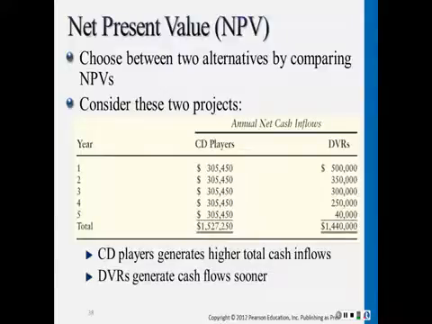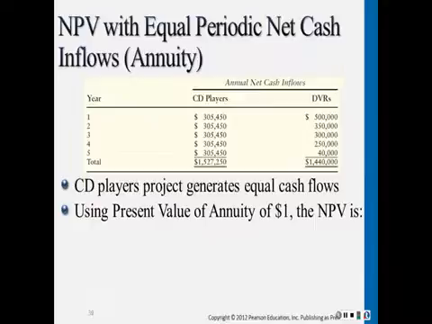To decide how attractive each investment is, we find its net present value, or NPV. The net present value is the net difference between the present value of the investment's net cash inflows and the investment's cost, or cash outflow. Greg's expects the CD player project to generate $305,450 of net cash inflows each year for 5 years.